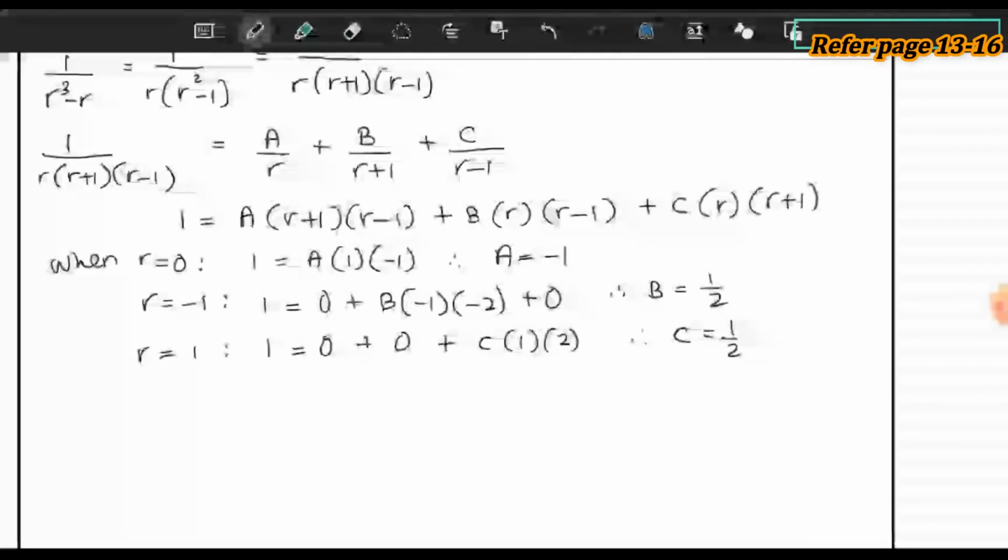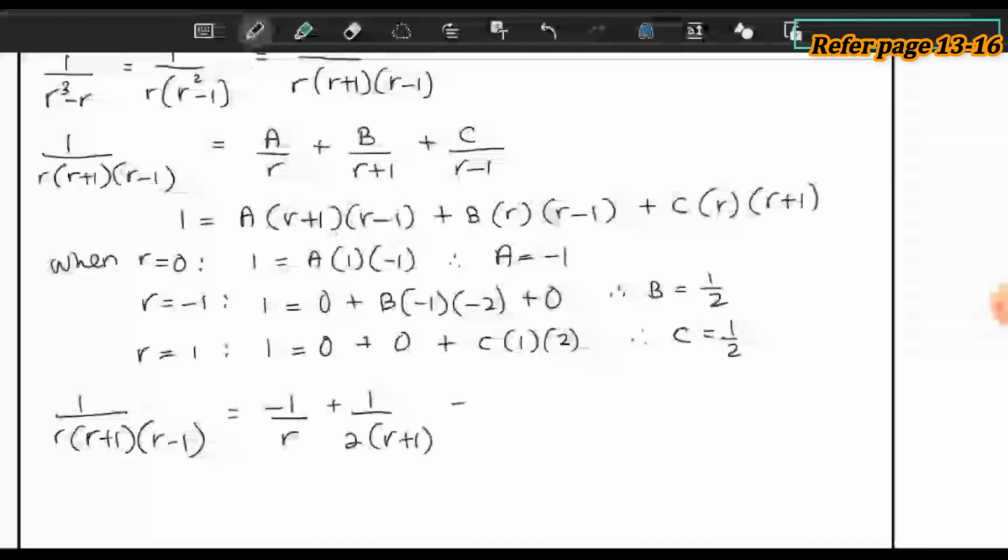So, 1 over r times r plus 1 times r minus 1 equals negative 1 over r plus 1 over 2 times r plus 1 plus 1 over 2 times r minus 1.